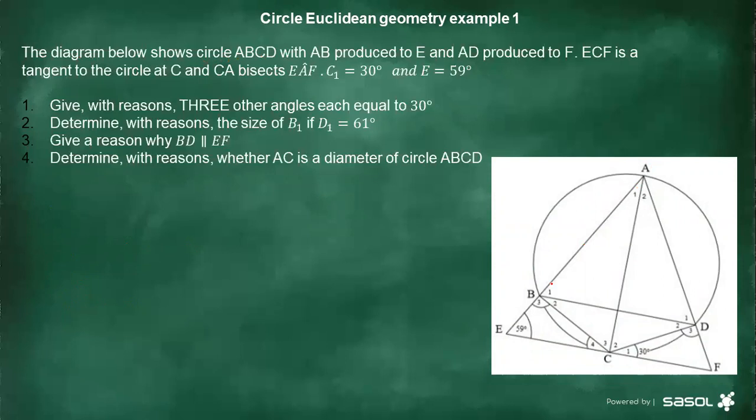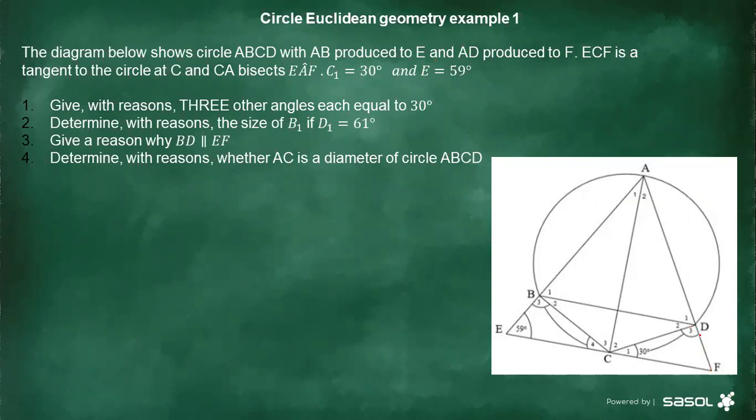You can see A, B, C, D. You can see all those points are on the circumference of a circle, with AB produced to E. You can see AB produced to E. So this line, they just extend it to form that point E. And then AD produced to F. You can see there is F there.